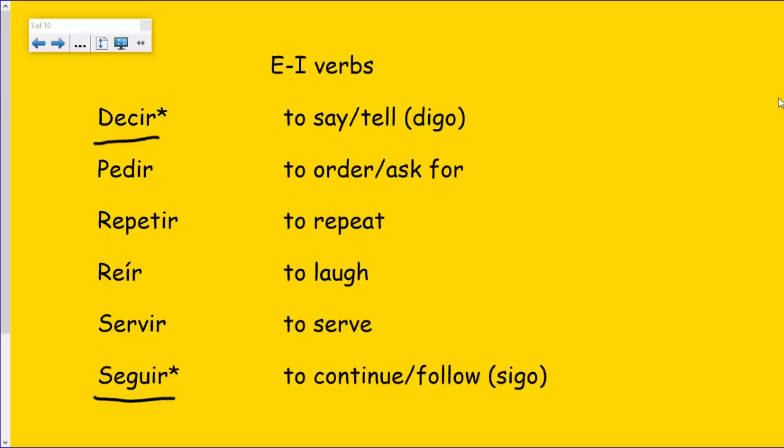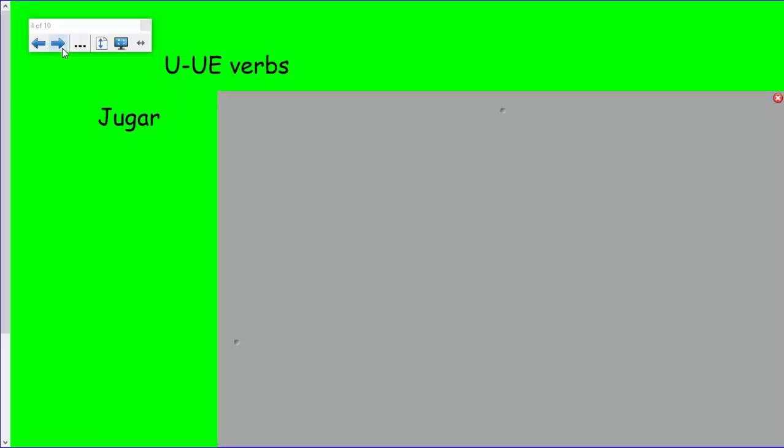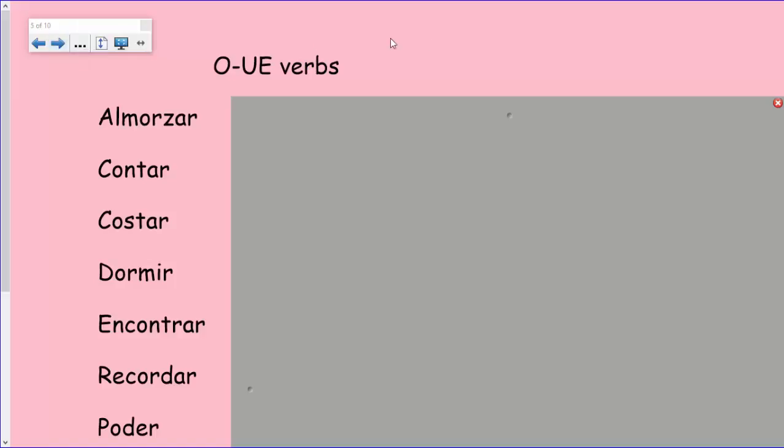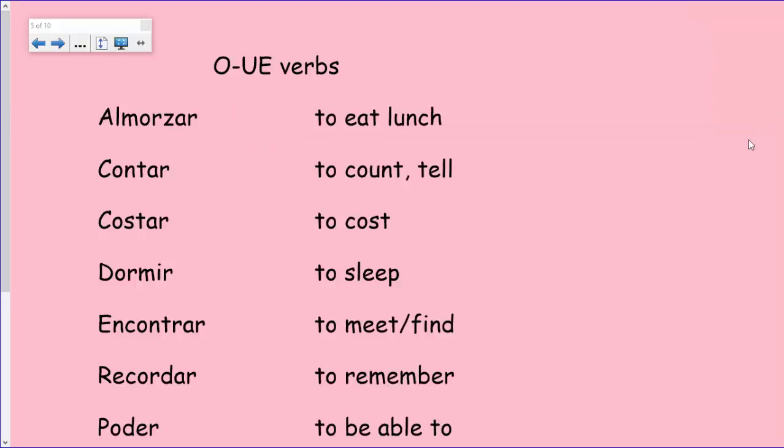And here are your verb meanings for those. You've got one special U to UE verb. Hopefully we all know that verb by now. And here are your O to UE verbs.